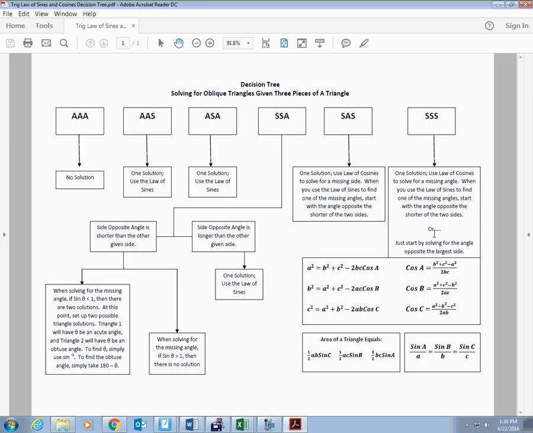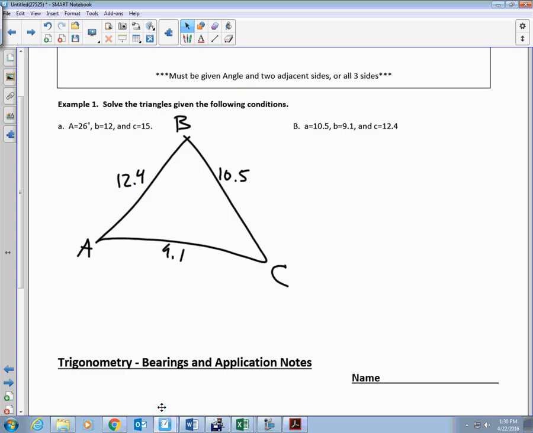So you tell me, as I look at this figure, which is going to be the biggest angle? C. So this is the angle that I want to find. So of the three formulas yesterday, c squared, very good. C squared is equal to a squared plus b squared minus 2ab times the cosine of angle C. Which of these variables up here am I going to be solving for?